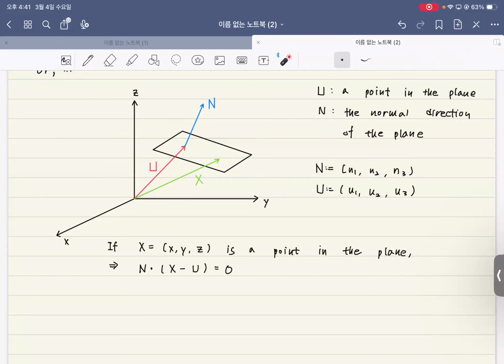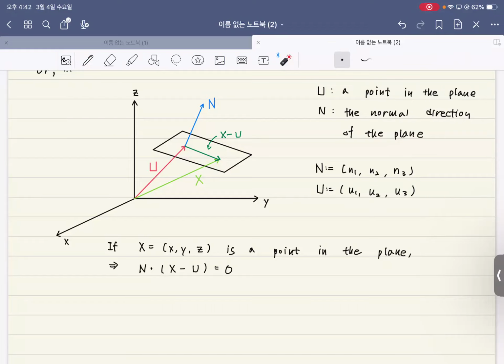Why? Well, what is X minus U? This is X and this is U. Therefore, X minus U must be this vector. This green vector should be understood as X minus U. Well, this is not precisely X minus U, but this is parallel to X minus U.